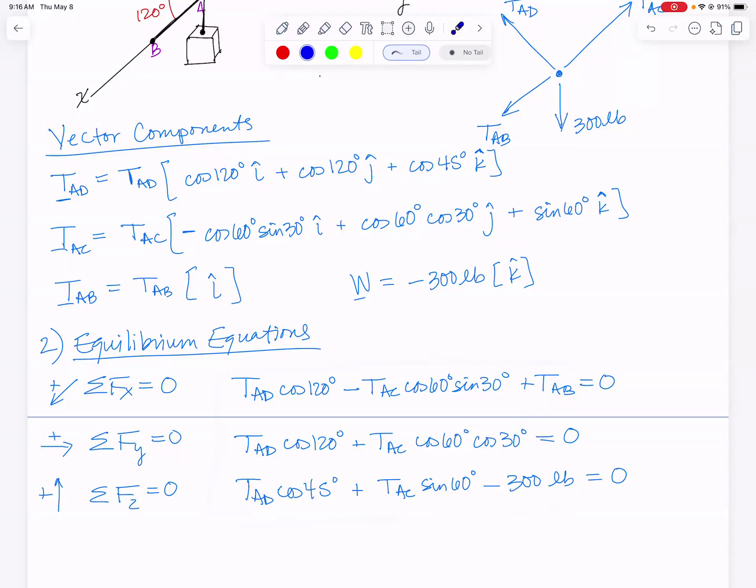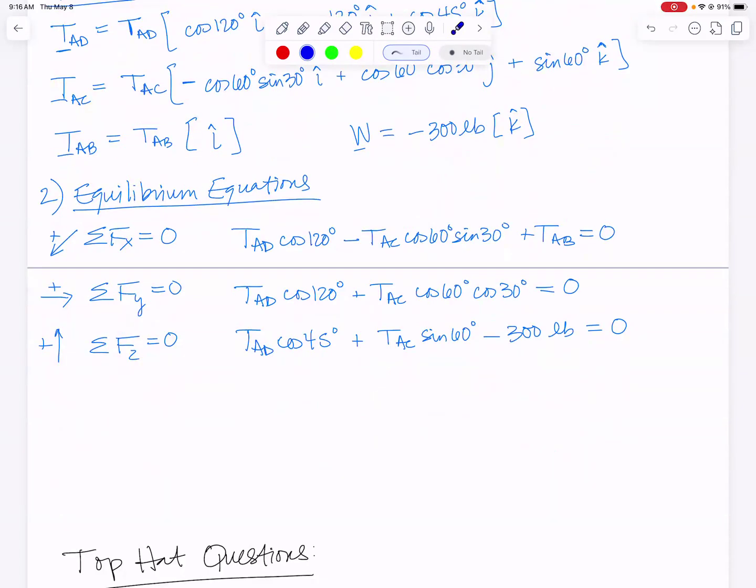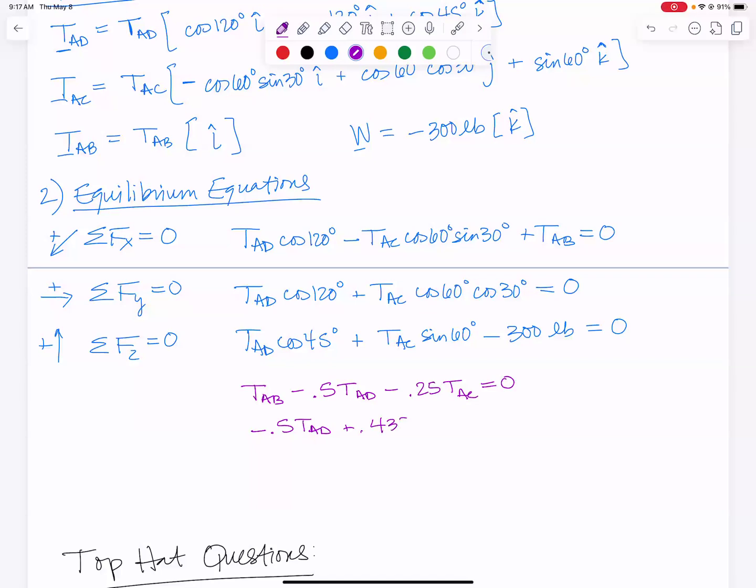This can be solved. If we want to simplify this just a little bit, that first equation becomes a single TAB, and the TAD term ends up being minus 0.5 TAD, and the TAC term ends up being minus 0.25 TAC, equals 0. The second equation, we get a minus 0.5 TAD plus 0.433 TAC equals 0.